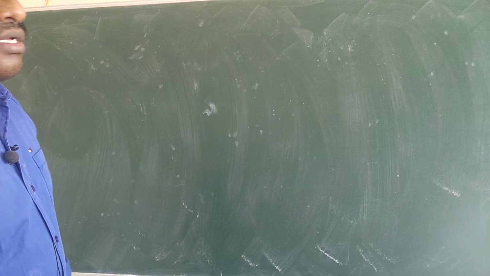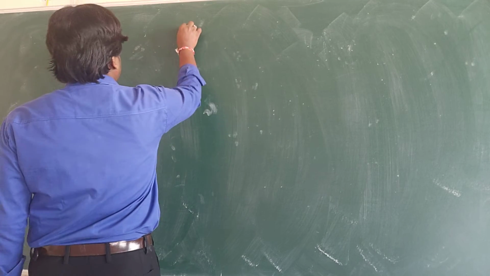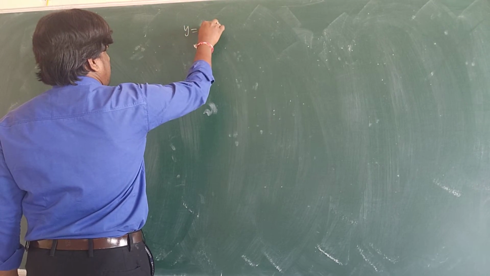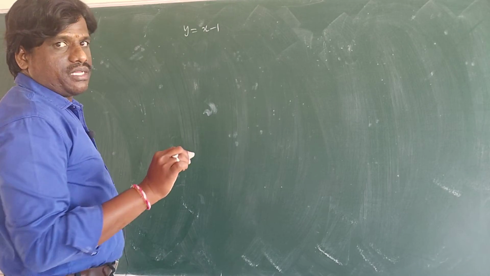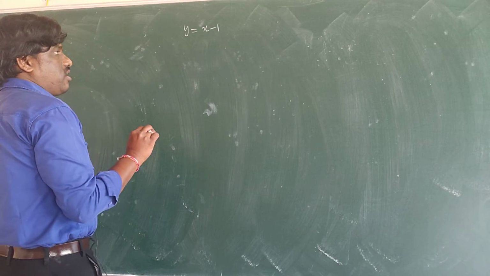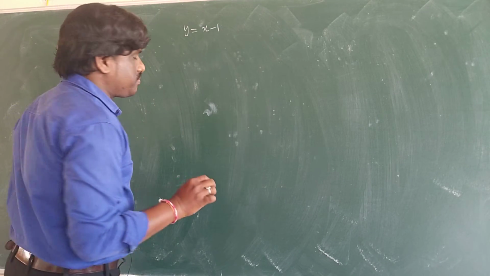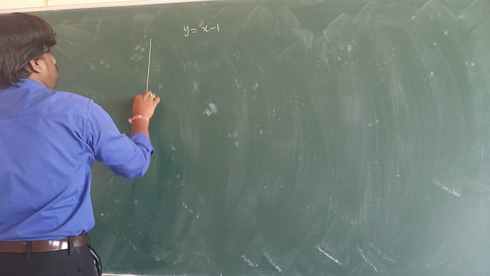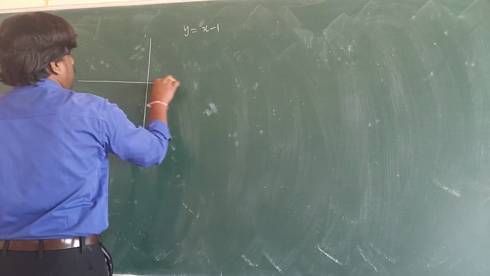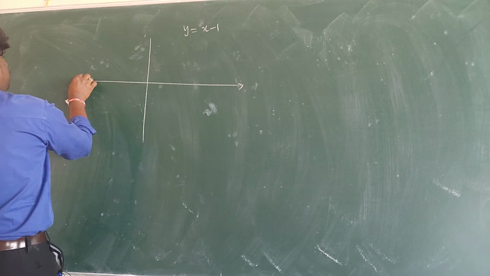See here. Suppose you have y is equal to x minus 1. I'll make it more clear, so there will be a lot of difference from what you are assuming. See, y is equal to x minus 1. So this is the graph of the function.